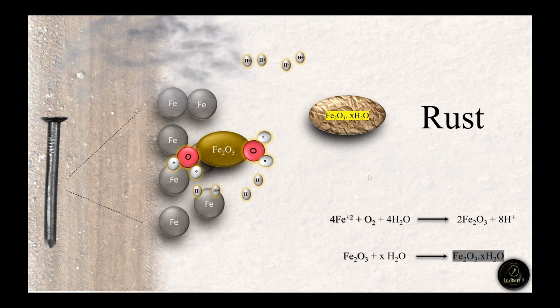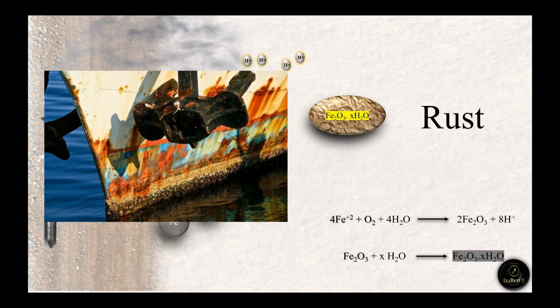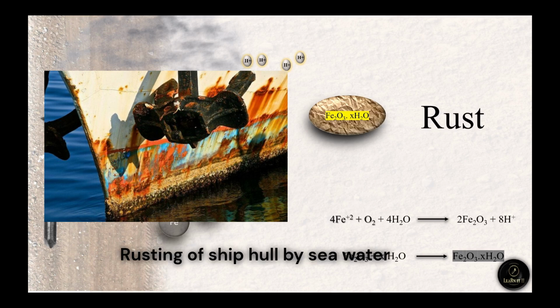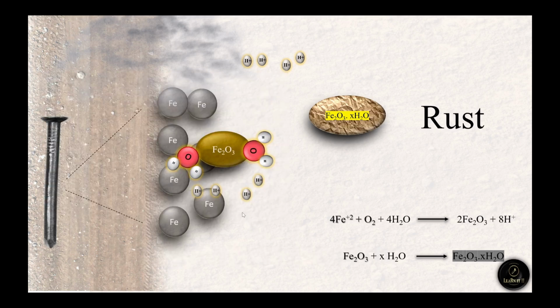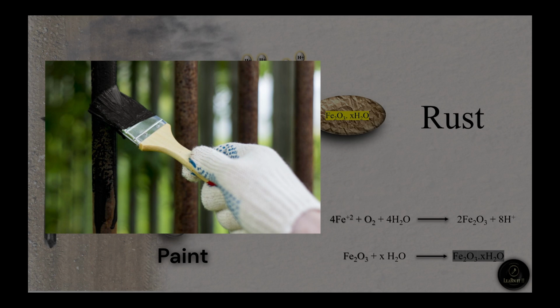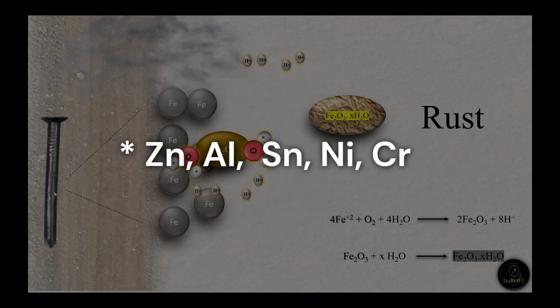The process of rusting accelerates if there is contact with an electrolyte, or if the iron atoms are present in salt water. This process of rusting can be prevented by applying paint over the surface or coating it with other metals.